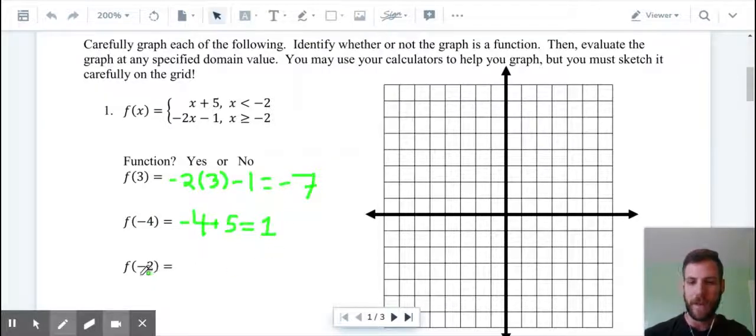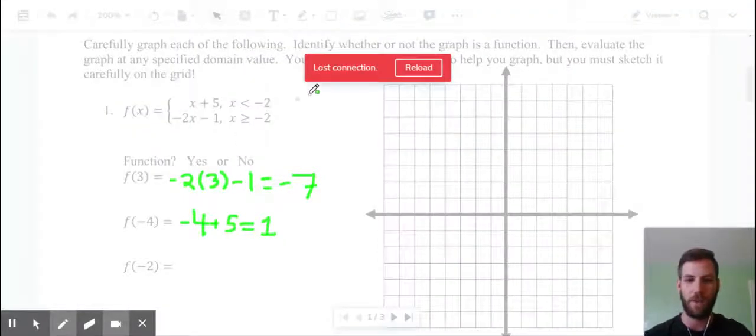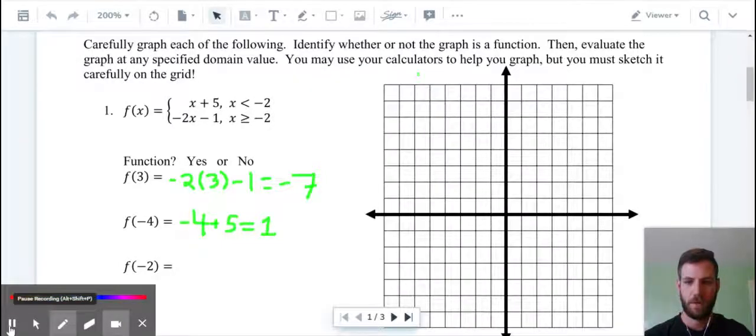Now f of negative 2 is my input, and this is a little tricky because we have to make sure which piece it fits.